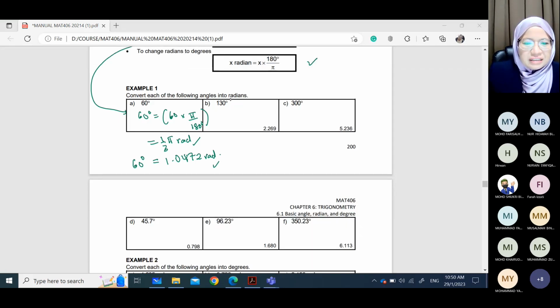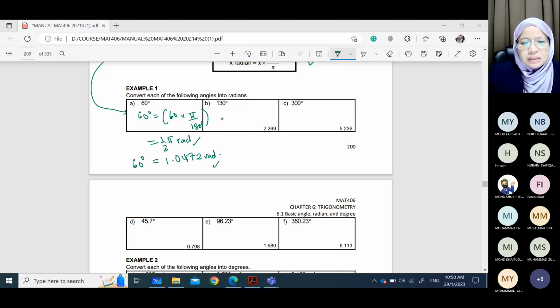Okay, so 130 degrees. Kita convert kepada radian. So 130 degrees is equivalent with 130 multiplied with pi over 180 degrees. Okay.